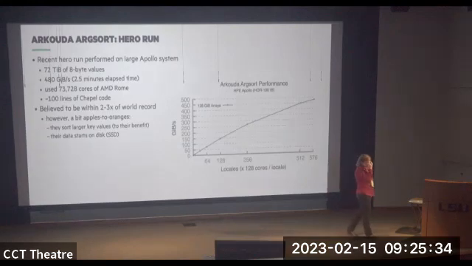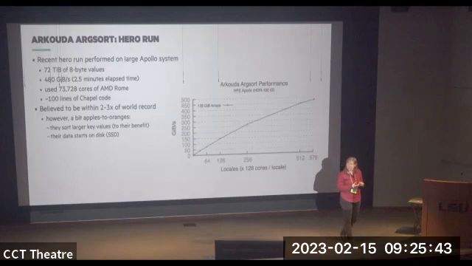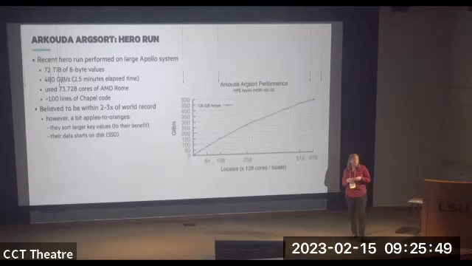So let's talk about this hero run that one of our team members did. Elliot did this. He took 72 terabytes of data, and he did the sort in about 2.5 seconds over 73,000 cores, almost 74,000 cores.